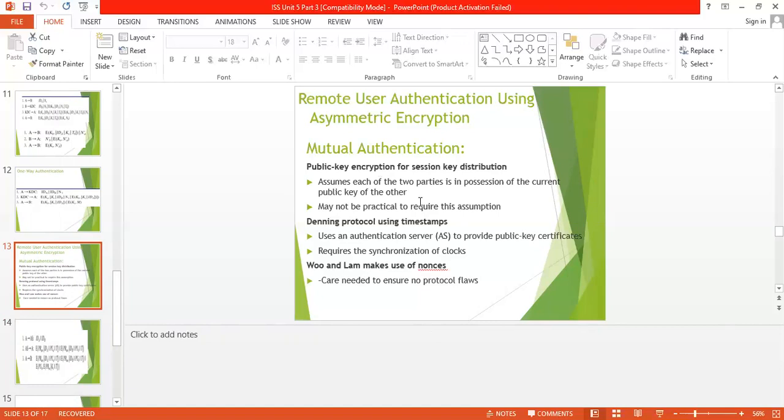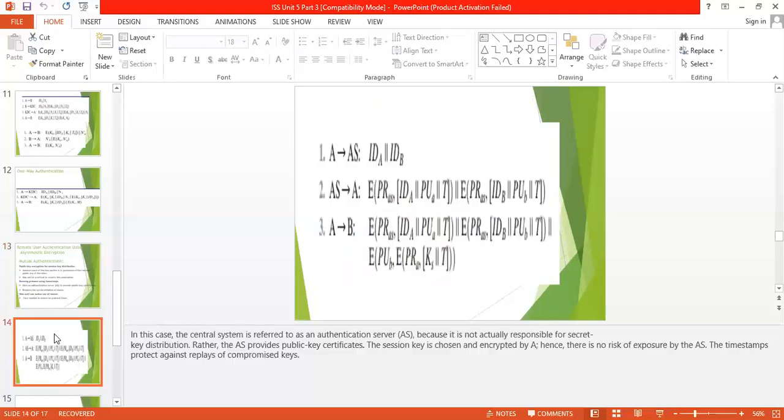Denning's protocol uses a timestamp and an authentication server to provide public key certificates, and requires synchronization of clocks. The other is Woo and Lam's, which uses a nonce. Care is needed to ensure no protocol flaw.